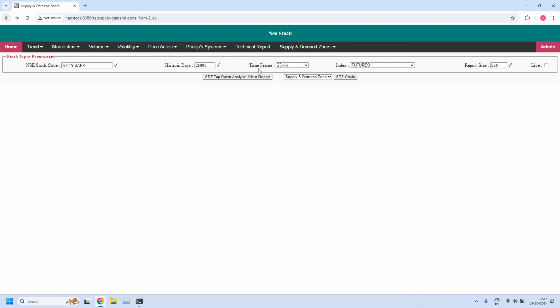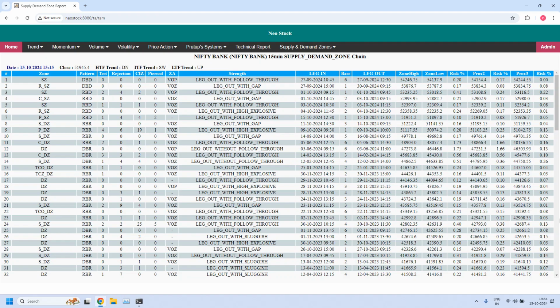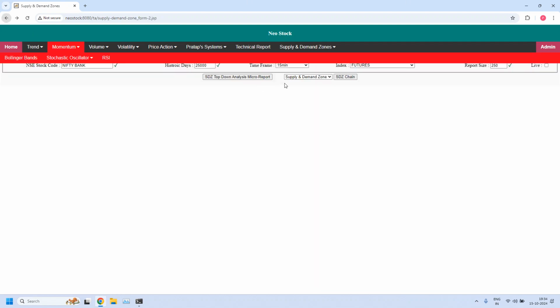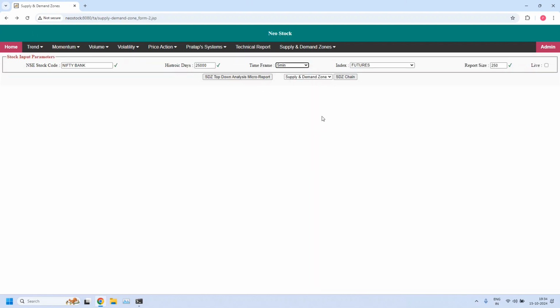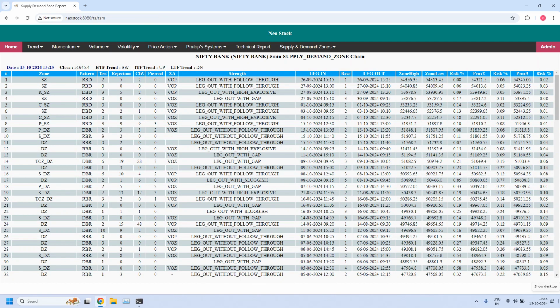Next time frame is 15 minutes, generating 15 minute supply demand zone chain for Bank Nifty. Next time frame is 5 minutes, generating 5-minute supply demand zone chain for Bank Nifty.